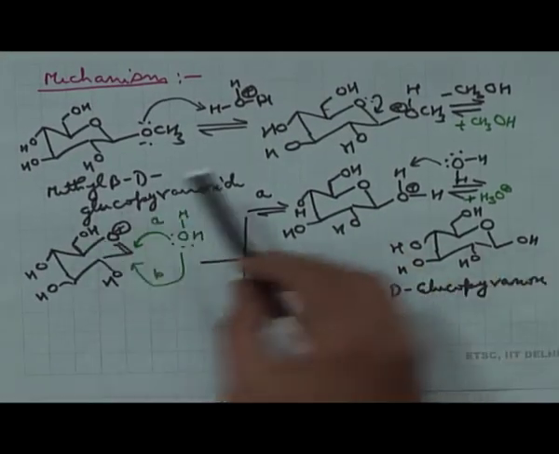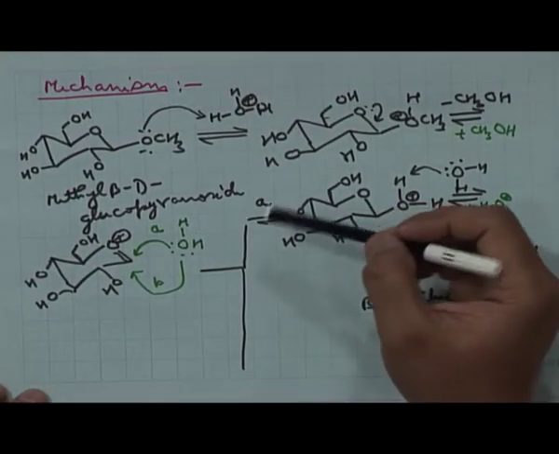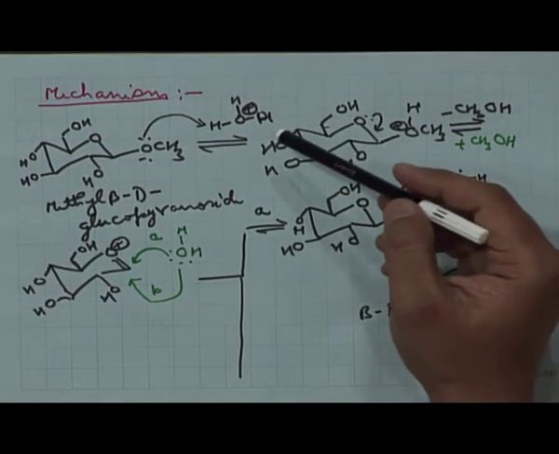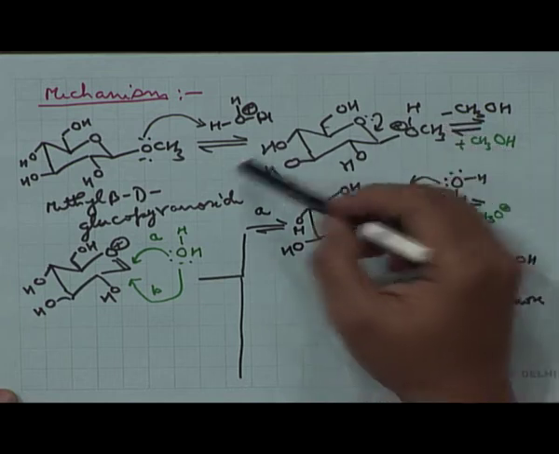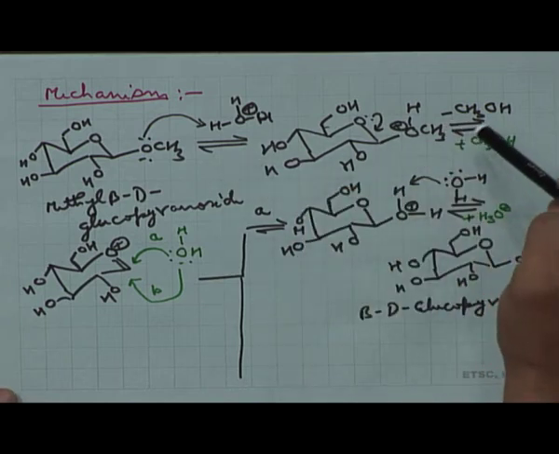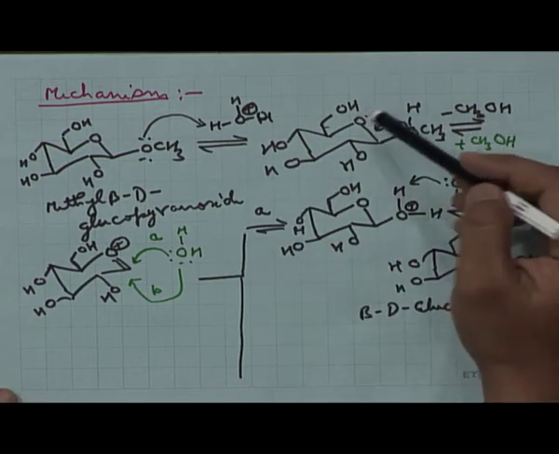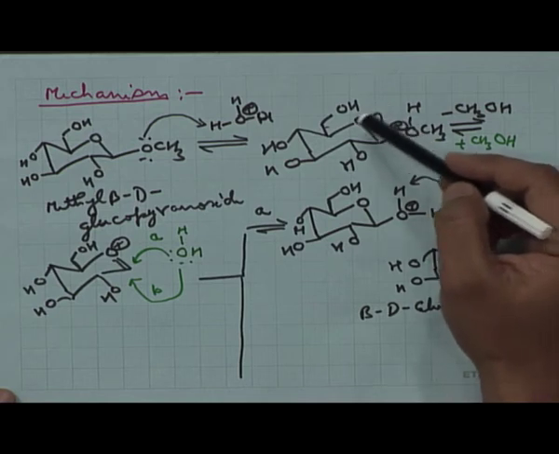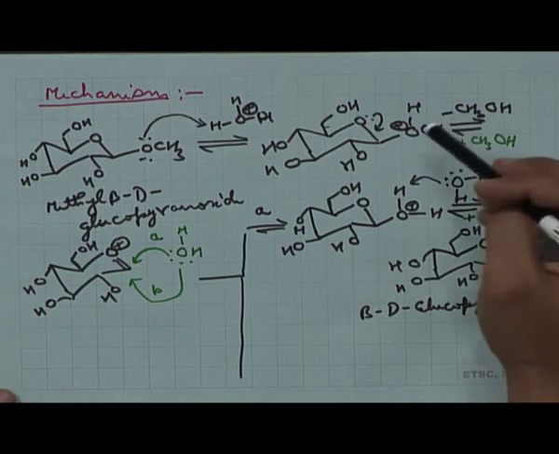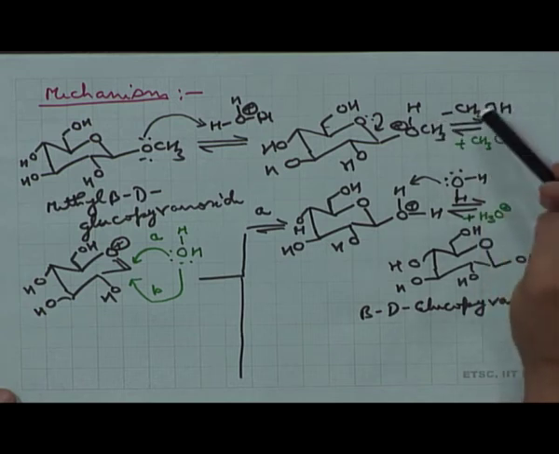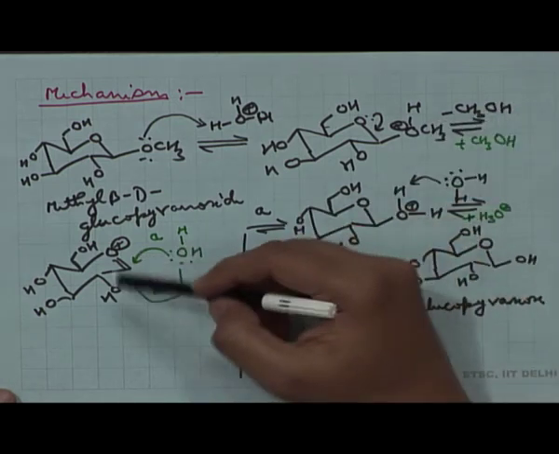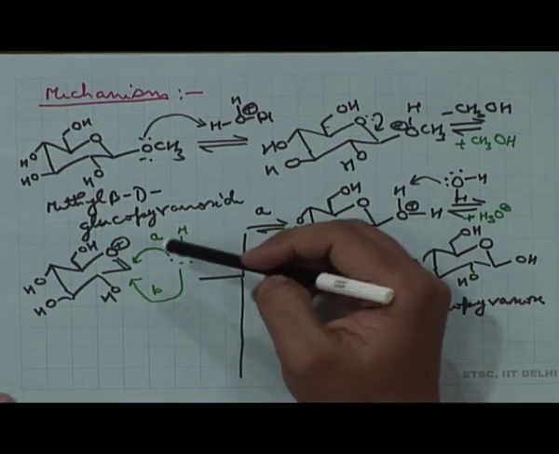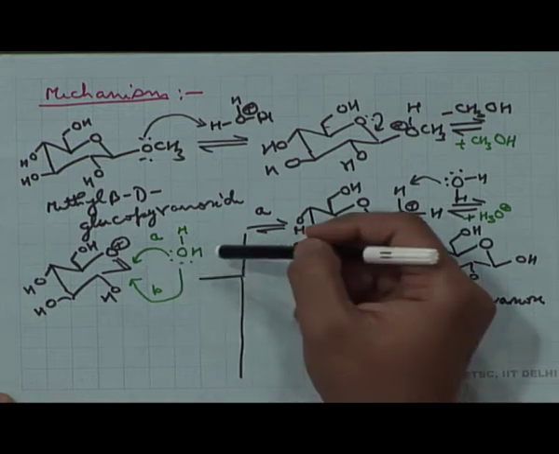So, we started with the methyl D glucopyranoside. In the presence of hydronium species, it gets protonated. That step is also reversible. And then with the lone pair push from the ring oxygen, it liberates the methanol and generates the resonance stabilized carbocation, which can be attacked from the top phase or from the bottom phase.